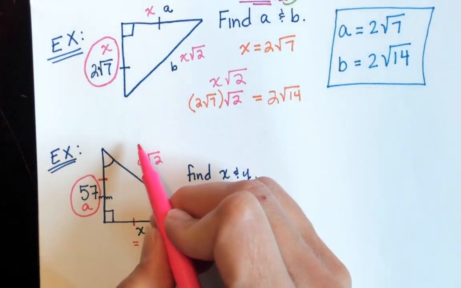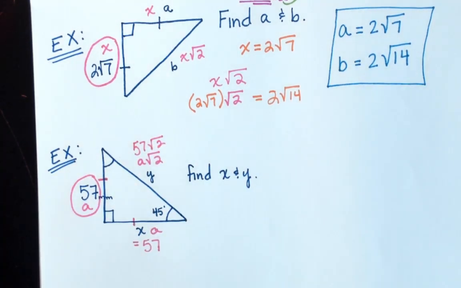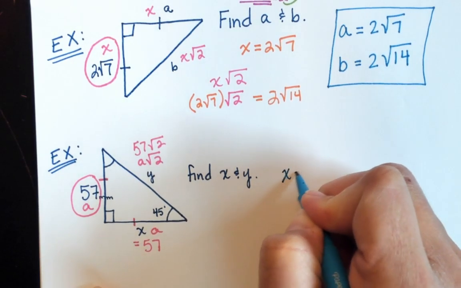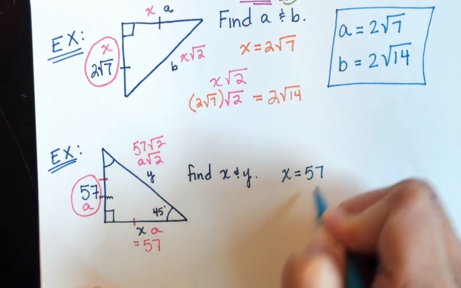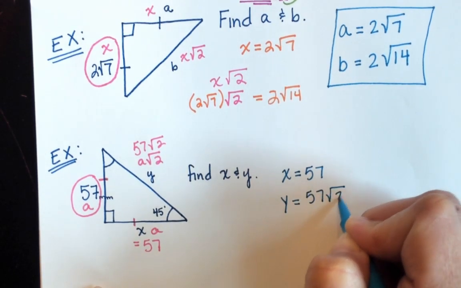And if A is 57, I can plug that in, and I already know that that's 57 radical 2. My work is finished. I don't have to do any extra work here because the pattern is what it's supposed to be. And I can simply write X is 57, Y is 57 radical 2.